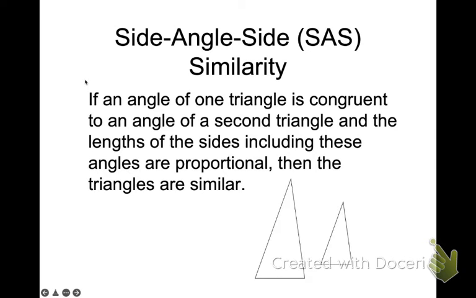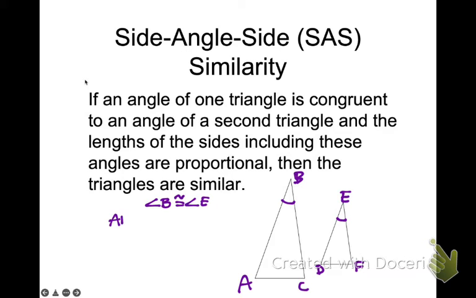So if an angle of one triangle is congruent to an angle of a second triangle. All right, so let's do some labeling again. A, B, C, D, E, F. Let's go B and E being our congruent angles. So put a single arc up there. So if we know that angle B is congruent to angle E, and then the sides that include that angle are proportional. So the side that includes angle B would be AB.